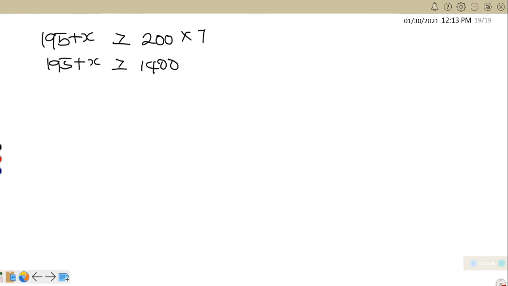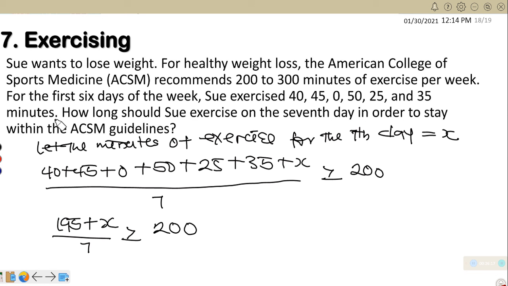So subtracting 195 from both sides, that will give us X greater than or equal to... so I don't think we need to divide by 7, sorry for that.